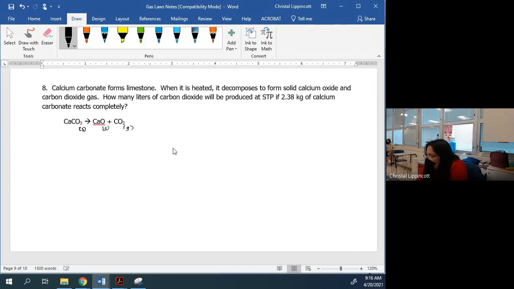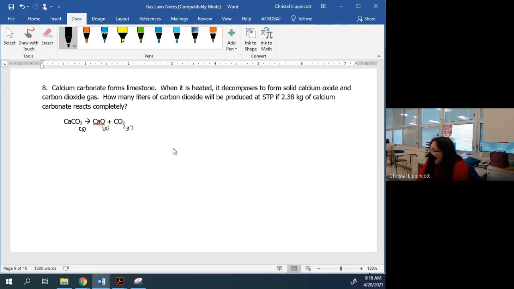How many liters of CO2 will be produced at STP if we start out with this many kilograms of calcium carbonate? Because these are solids, Avogadro's principle only works when everything's gases. So we can't use his principle here. We've got to go back to that PV equals nRT formula.